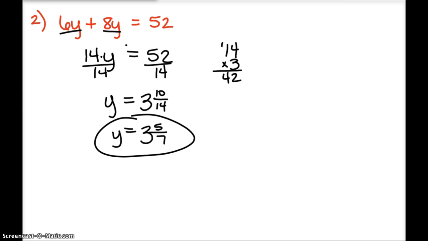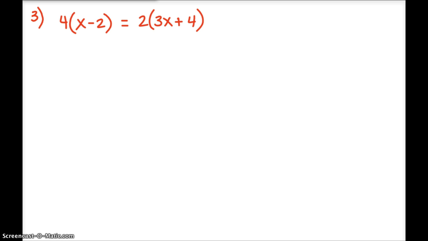Okay, let's look at example number 3. All right, so just take it one thing at a time. Step number 1, distributive property. Well, here, I notice that I have the distributive property on both sides of my equation, so I'm going to do this twice. Over on the left, I'm going to take 4 times the x and 4 times the 2, so we have 4x minus 8.